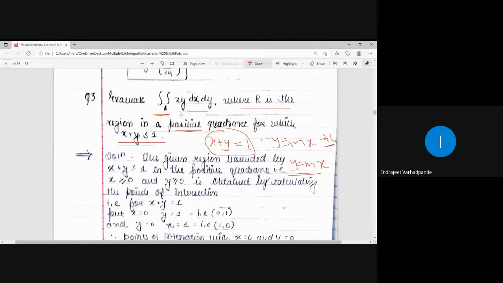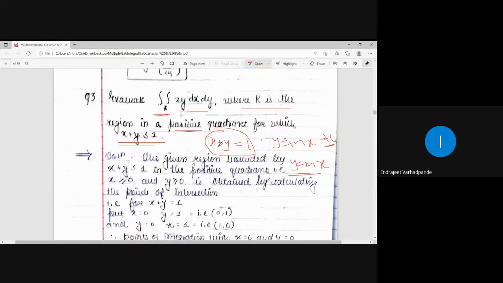So whenever it is drawn, or whenever it is passing through the first quadrant, the best way to determine the region is to get the points of intersection where this particular line cuts the x-axis as well as cuts the y-axis, right? So in this case, I try to find out the points of intersection.